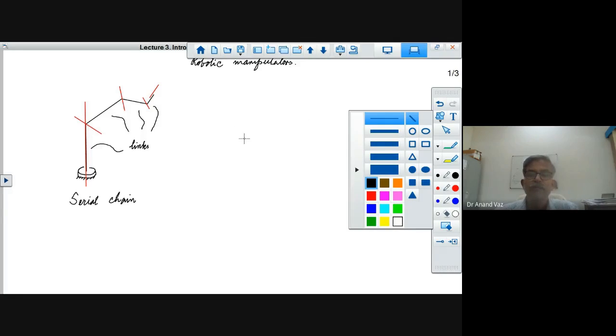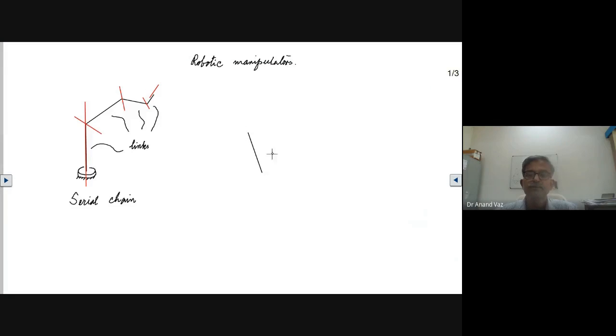You may have a configuration like this, the way we hold our pen, for example.